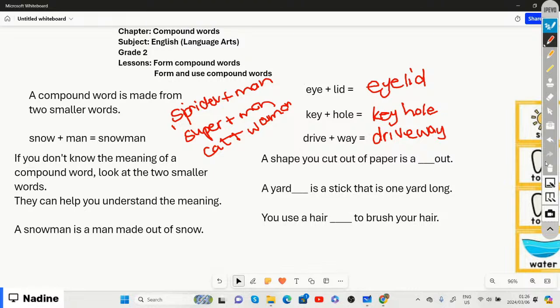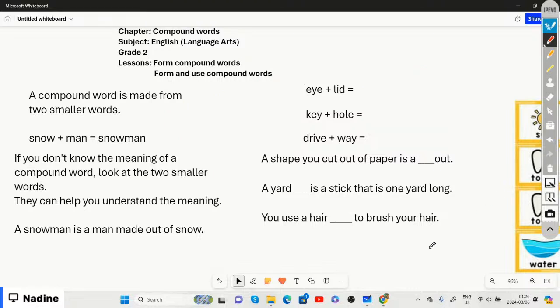All right. Now we're going to aplusstudents.ca. So we said we have compound words and we're going to form compound words, right?